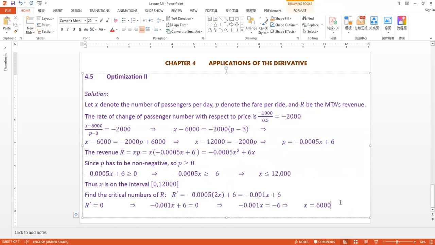Then we just compare the revenue function at the critical number. We only get one critical number, and the endpoints.